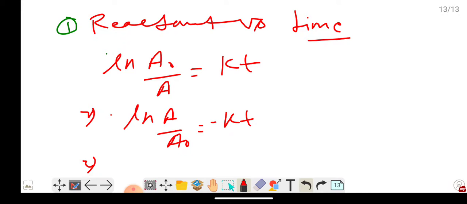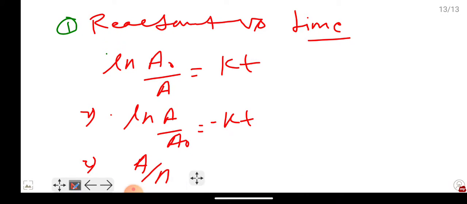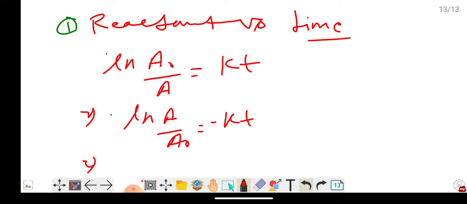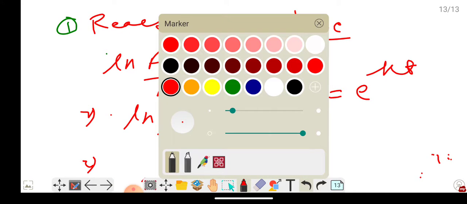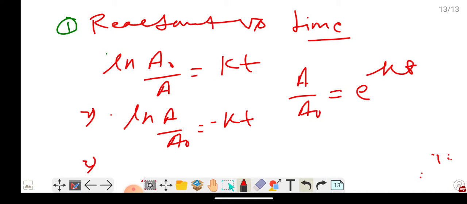This implies A by A naught is equal to e to the power minus Kt. This implies A is equal to A naught e to the power minus Kt.